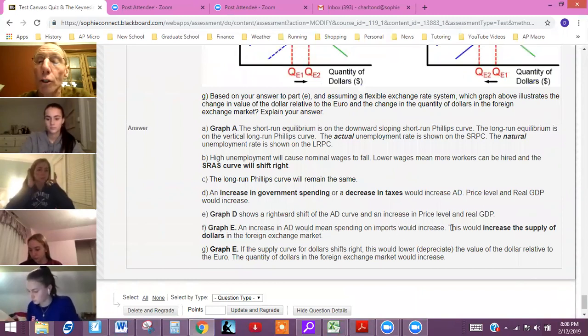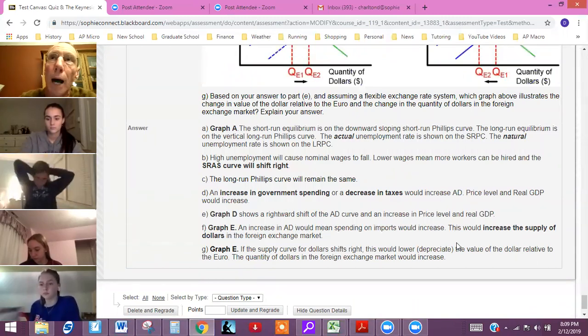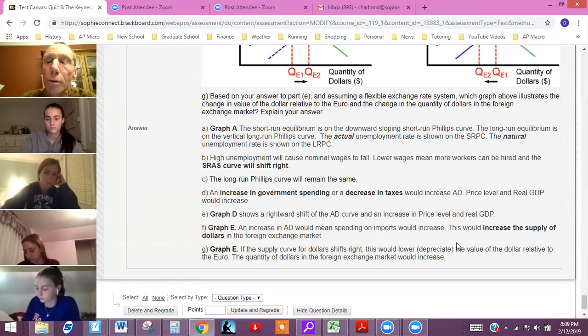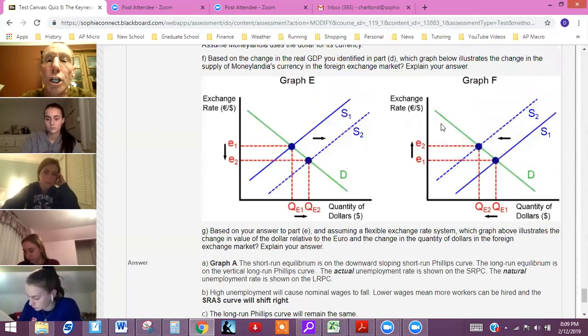So this is going to increase the supply. In order for Americans to buy foreign goods, we have to use dollars on the foreign market. So that's going to put more dollars into the foreign currency market, which means we're going to shift the supply of dollars to the right. That's why it's graph E, okay?